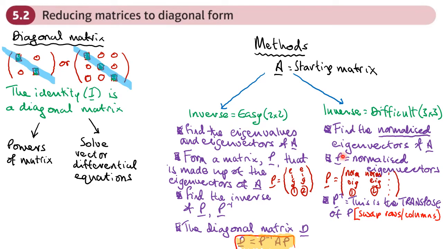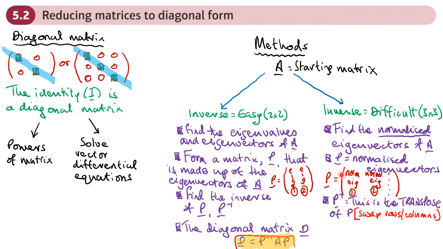Okay, so we found the normalized eigenvectors of A. Each one of those forms one column in this matrix P. We find the transpose of that by swapping each row and column.